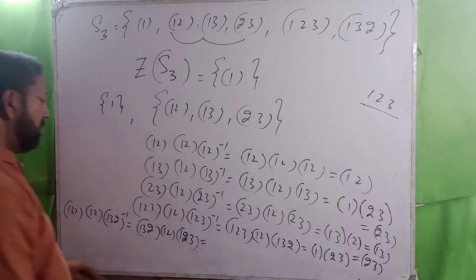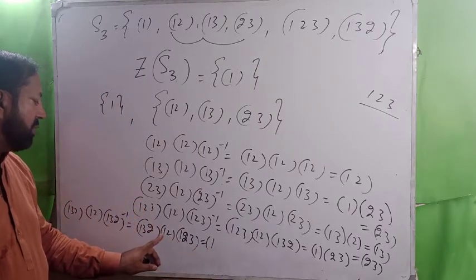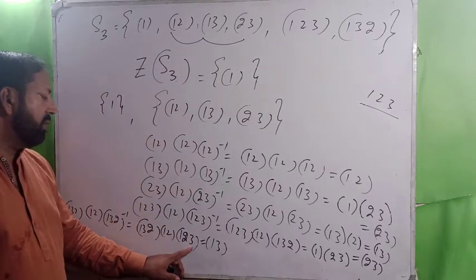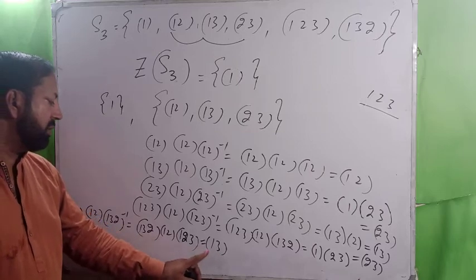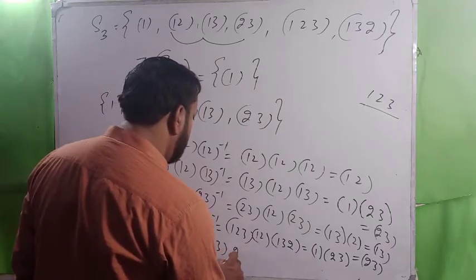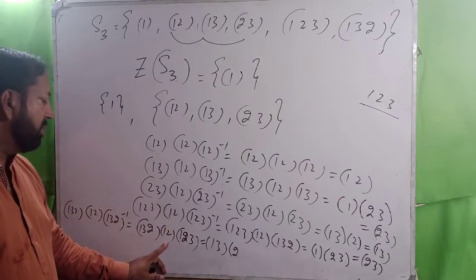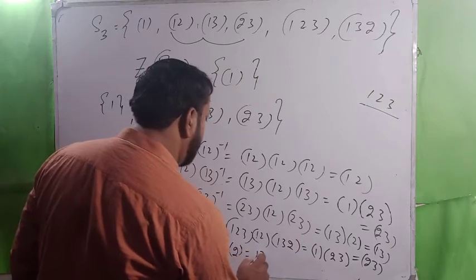You solve: the answer of 1 is 3, and 3 goes to 1, so (1 3). Now 2: 2 goes to 3, 3 is fixed, and 3 goes to 2, so 2 is fixed. This is clear, this is (1 3).